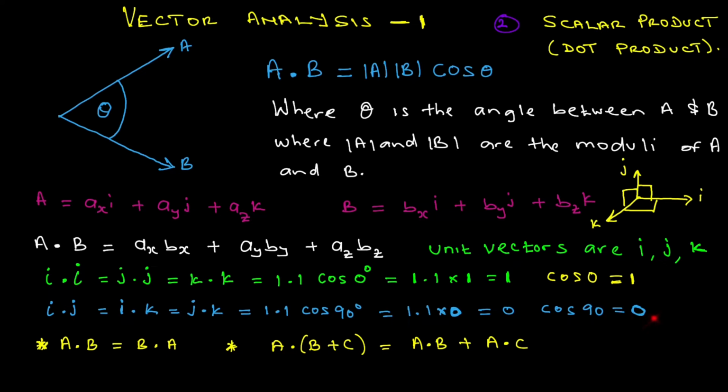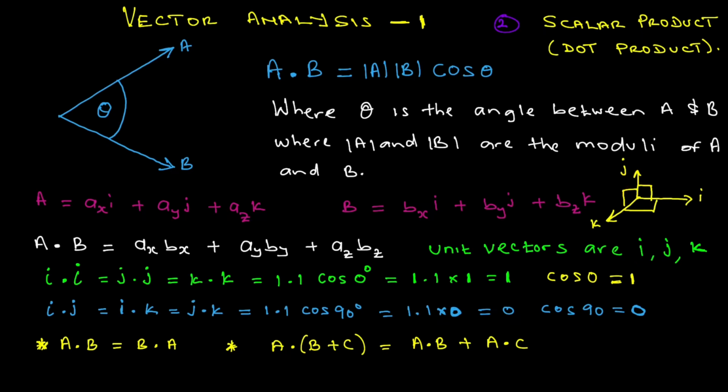So i times j is 0, i times k is 0, j times k is 0, because they are perpendicular to each other. If we're using scalar product or dot product, then their value in this case will be 0 if they're at right angle to each other.